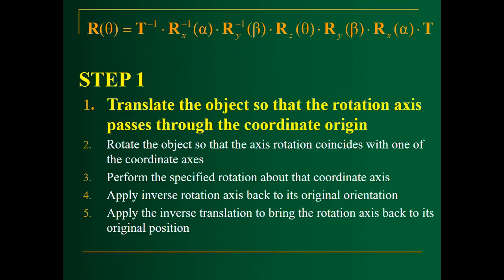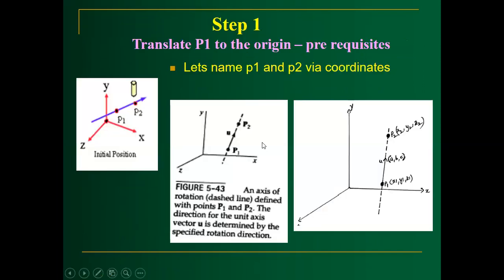First step, translate the object such that the rotation axis passes through the origin. To understand this, let us see the initial position. The blue color line is the arbitrary axis with P1, P2. P1, P2 is actually a vector, and this is the object. Now let us consider this vector as a unit vector.